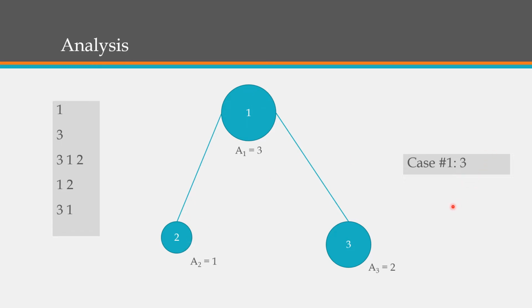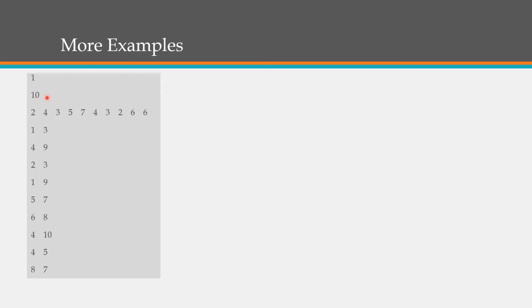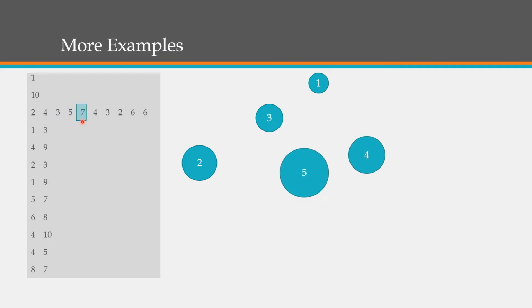Let us make a bigger example so that it's more clear. Let us consider our own example. Here I will take 10 junctions with 9 connections, and these are the capacities. First we have junction 1 with a capacity of 2, second junction with a capacity of 4, third junction with a capacity of 3, fourth junction with a capacity of 5, and fifth junction with a capacity of 7.